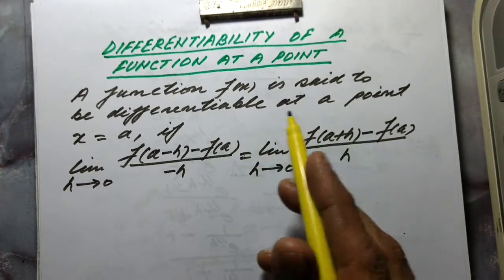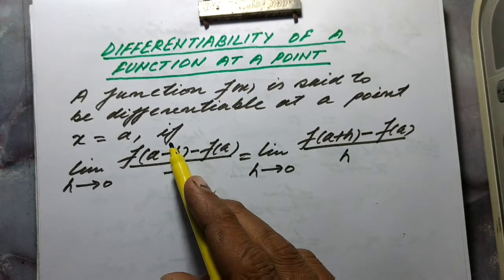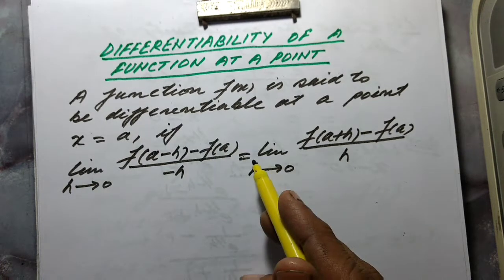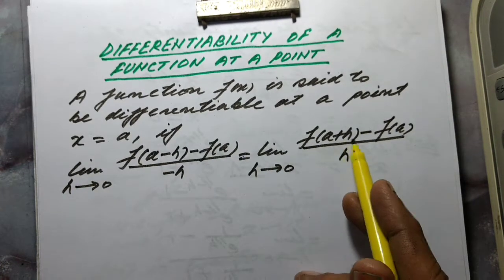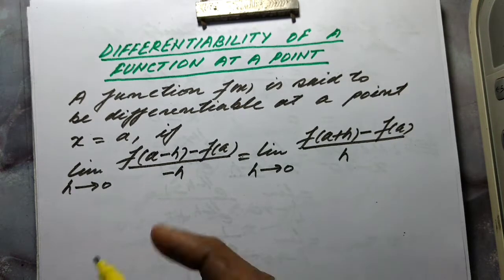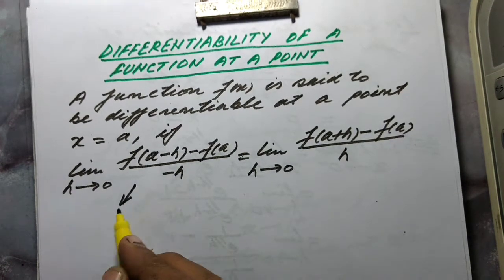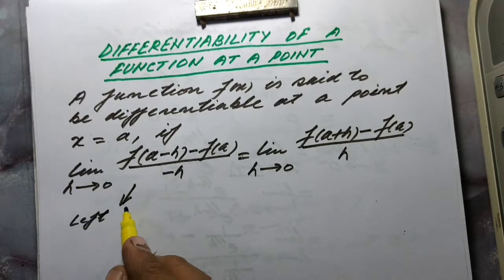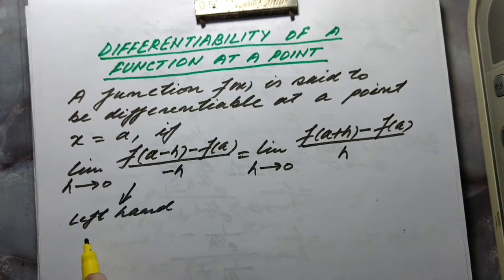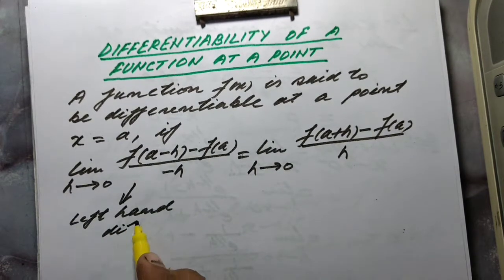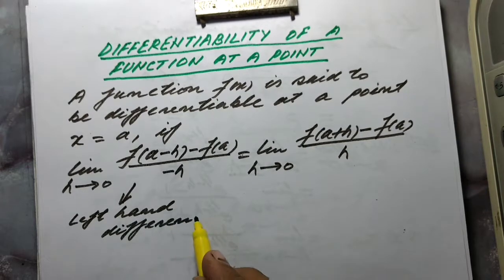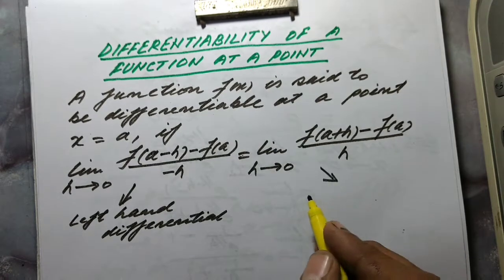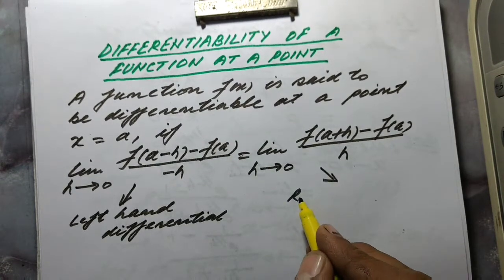A function f(x) is said to be differentiable at a point x = a if limit h tends to 0 of f(a minus h) minus f(a) upon minus h is equal to limit h tends to 0 of f(a plus h) minus f(a) upon h. The first limit is called left hand differential, and this limit is called right hand differential.